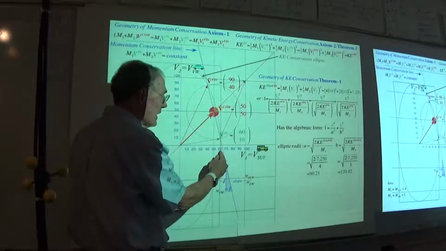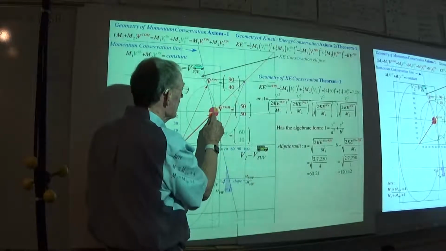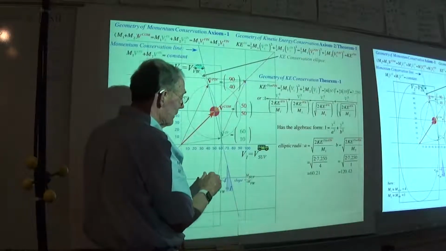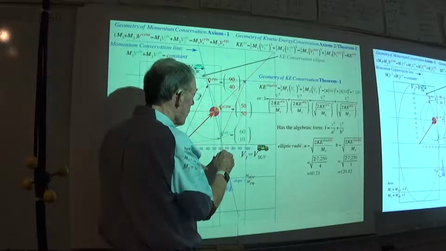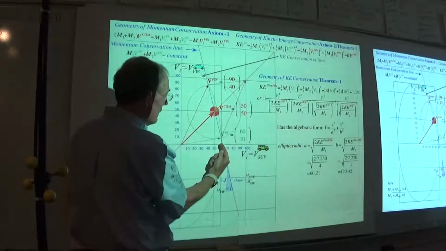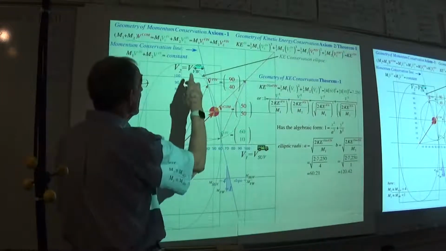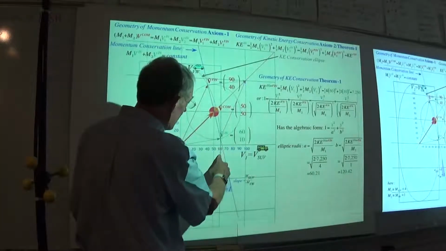Okay, we started out at 60 miles an hour, and we went up here to something less than that, 40 miles an hour, but when you're talking about the actual coordinates of the ellipse, that is the axis right here, and the axis right here, where does that ellipse come through?